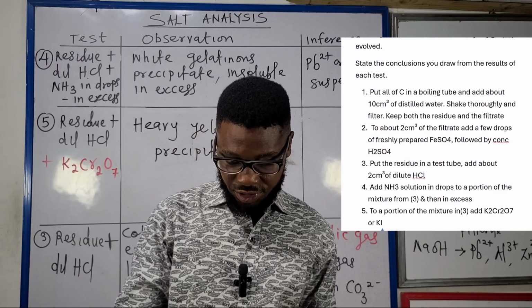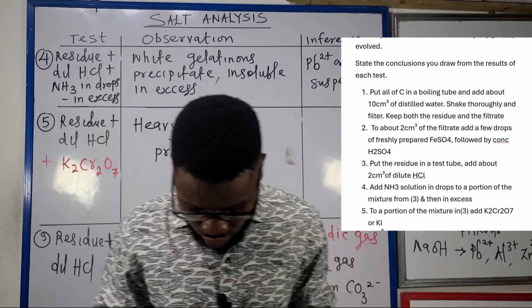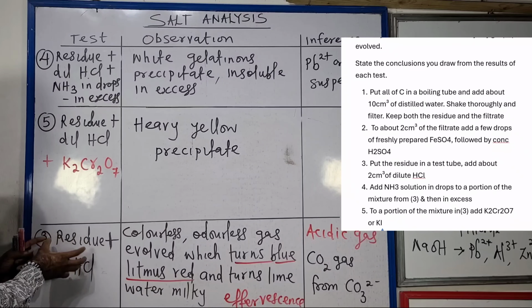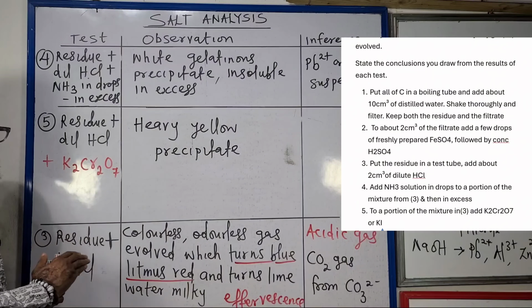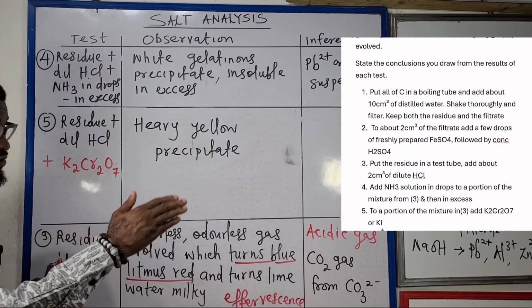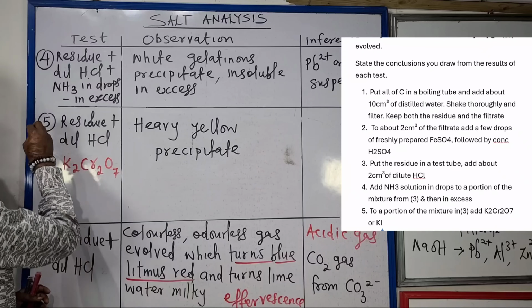Now to the last question, as you can see on your screen. It says to a portion of the mixture in 3. So which means the solution we have for 3, we are meant to portion it into about 2 different test tubes. So we've used one for question 4. We'll be using the last one for question 5.